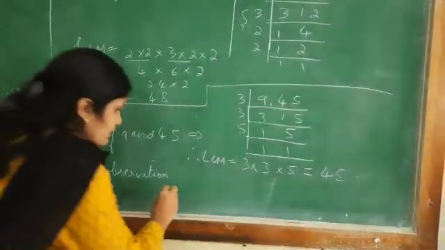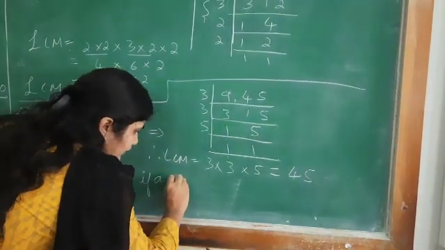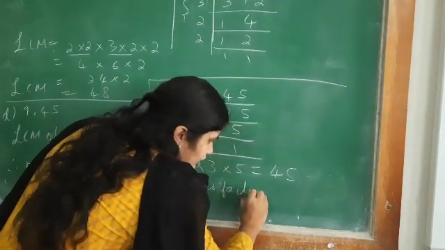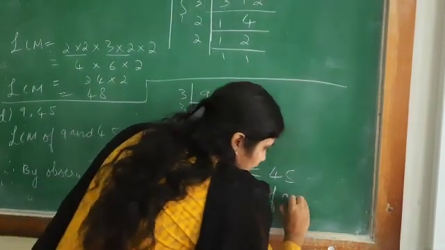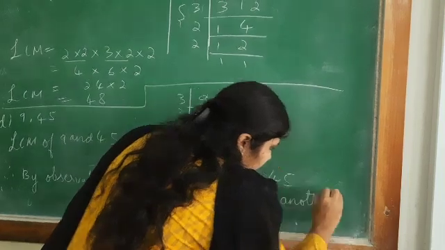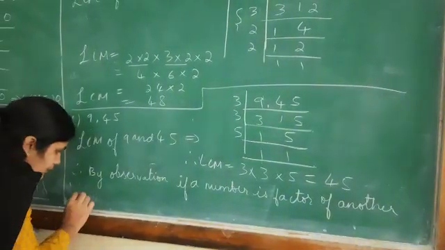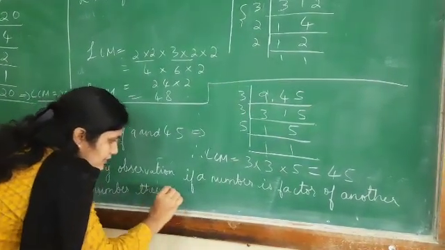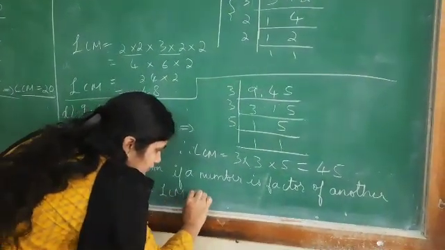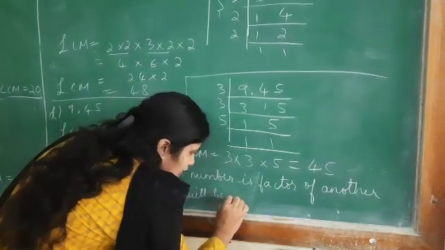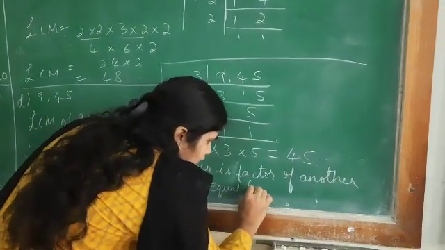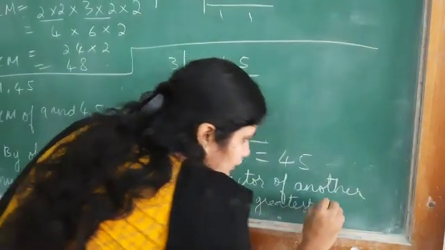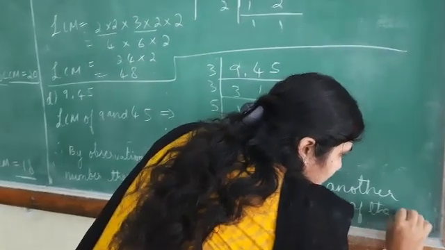if a number is a factor of another number, that LCM will be equal to the greatest of the numbers.